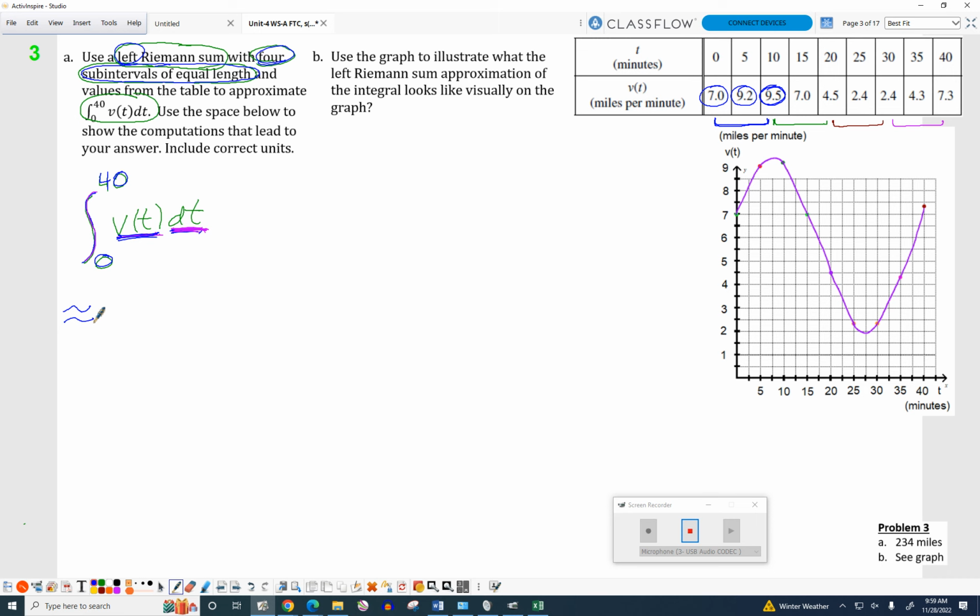We take a velocity of 7 miles per minute, and we multiply by a dt of 10 minutes. That means for those first 10 minutes, we are estimating a displacement of 70 miles. Questions?